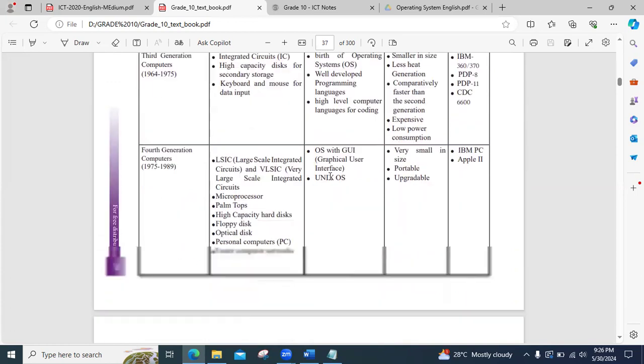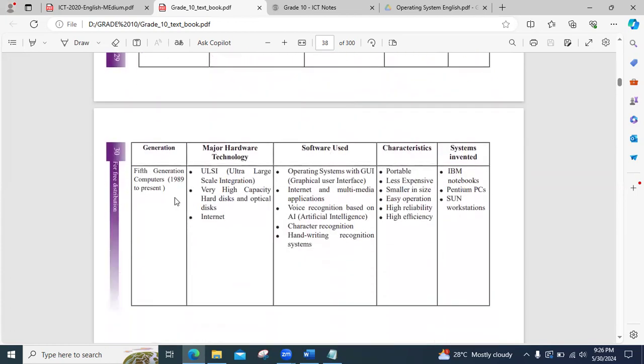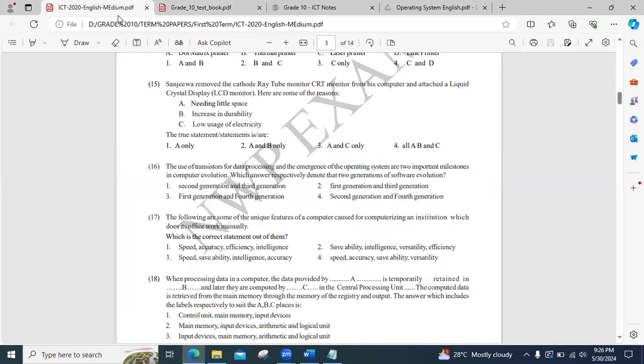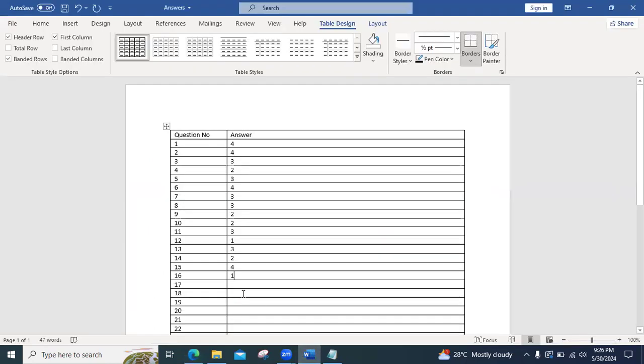One more thing they can ask you: in the fifth generation, AI was invented. So that can be a question in the paper. Artificial intelligence systems were invented in the fifth generation computer. So please remember that also. Then, back to the question, the 16th question answer is 1. Okay, I have marked it.